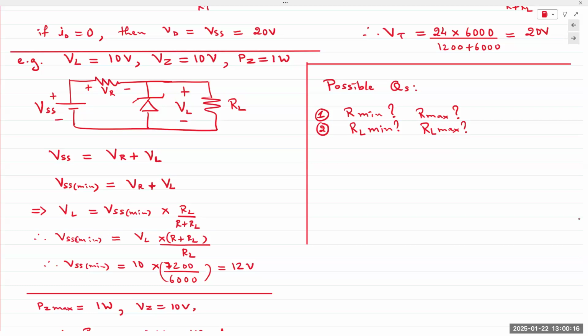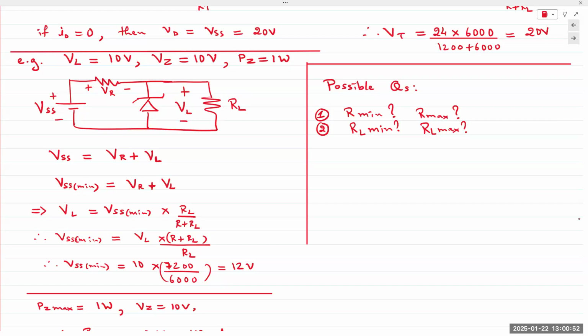In terms of regulation, there are two terms: line regulation and load regulation. Load regulation means our regulator, in this case the Zener diode, will keep the output voltage constant irrespective of the value of the load. How well can the Zener diode maintain a regulated output voltage irrespective of the load? Obviously, this is not ideal, so we have a minimum and maximum value.